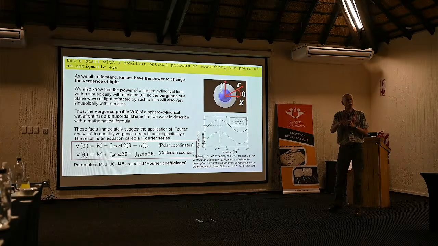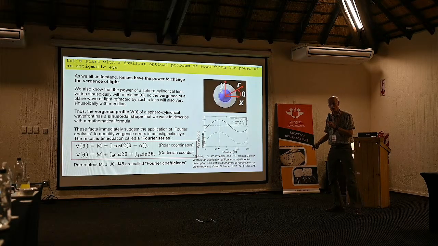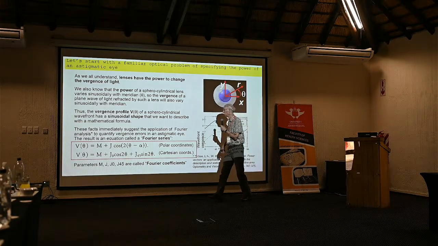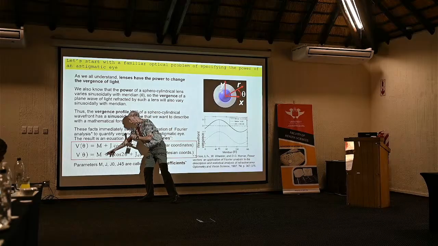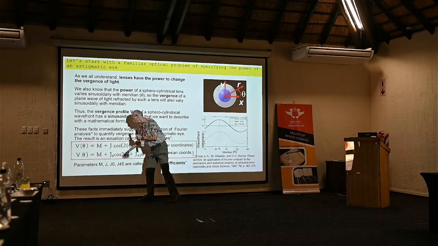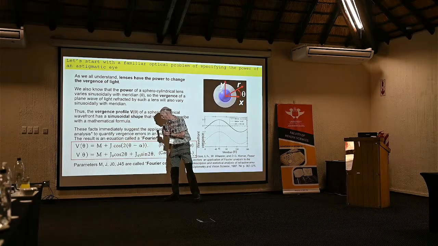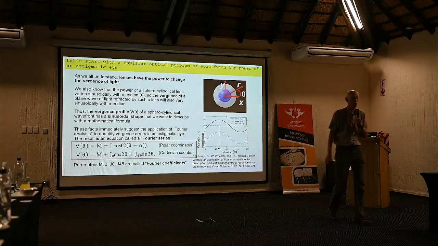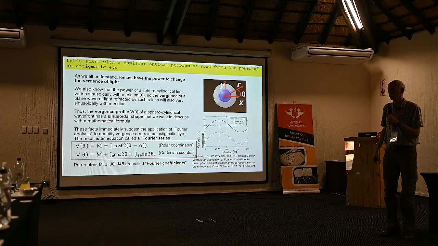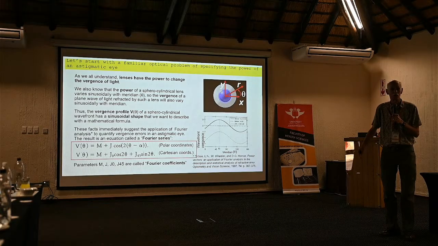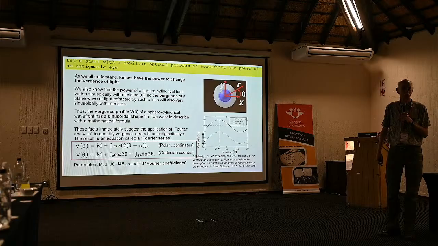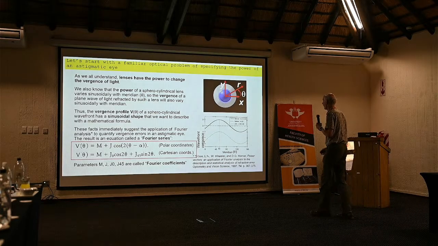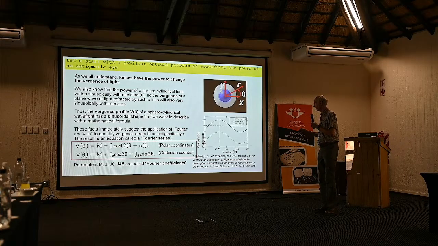And if you do that polar to Cartesian conversion, you can basically turn a vector into, again, the mean, a component in the x direction, and a component in the y direction. And those became the three components of a power vector. And Alan told you about power vectors just a little bit earlier this morning. And they've been quite popular because it's a nice way to describe astigmatism or a spherocylindrical lens.